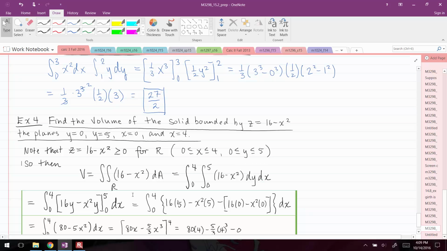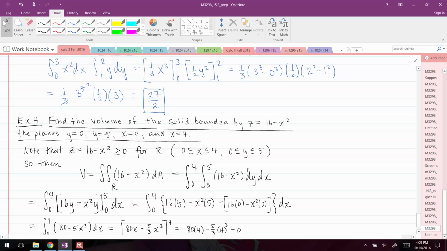The order of this one doesn't matter so much, so I just decided to do y first. And so remember, we're not doing derivatives, we're doing integrals, so I can do this integral to each term separately, by the way. I didn't actually write it that way, but that's what I was doing. So the constant 16, when you do the integral with respect to y, you've got to attach a y there.